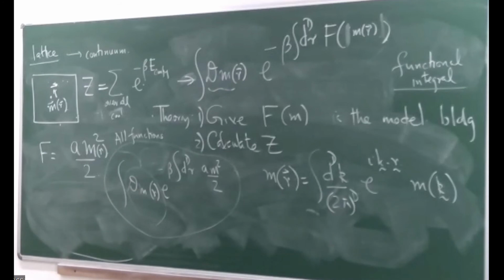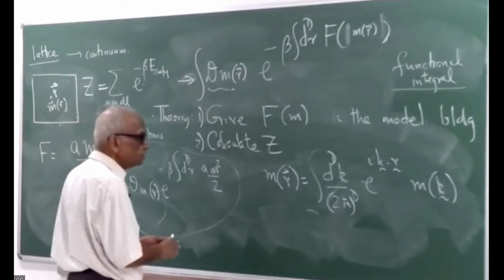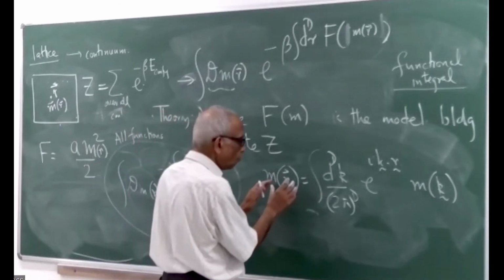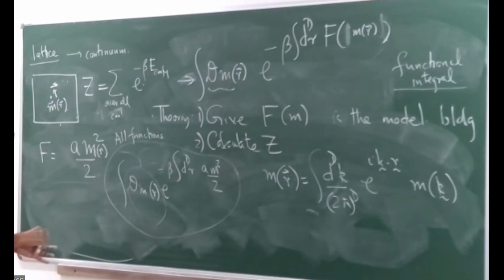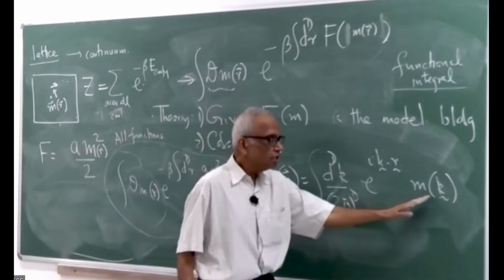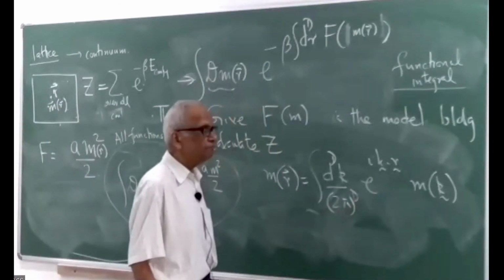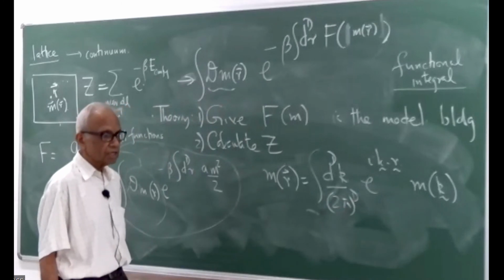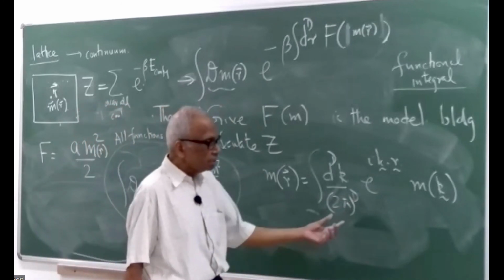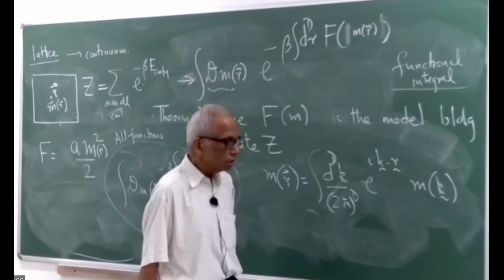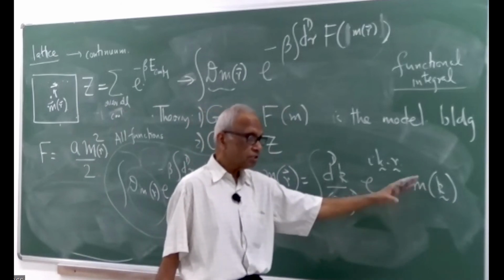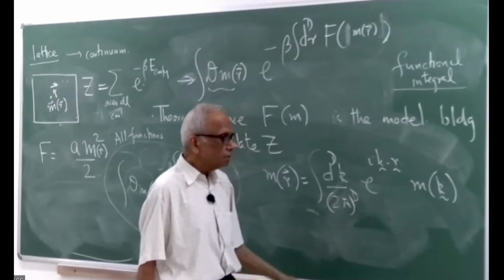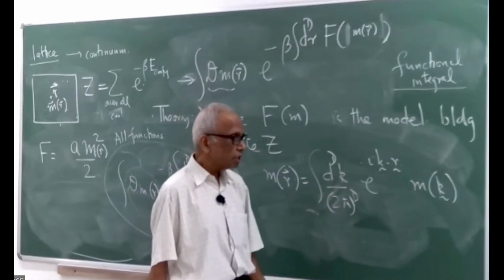So I'm interested in all m of r. m of k over here is a number for every k, right? So m of k is a function, and this is a complex number, because there is e to the power i k dot r over here.